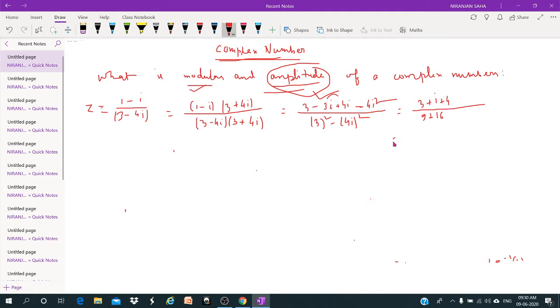So we will have 7 plus iota by 25. You can write it as 7 by 25 plus 1 by 25 iota. So find the modulus and amplitude.